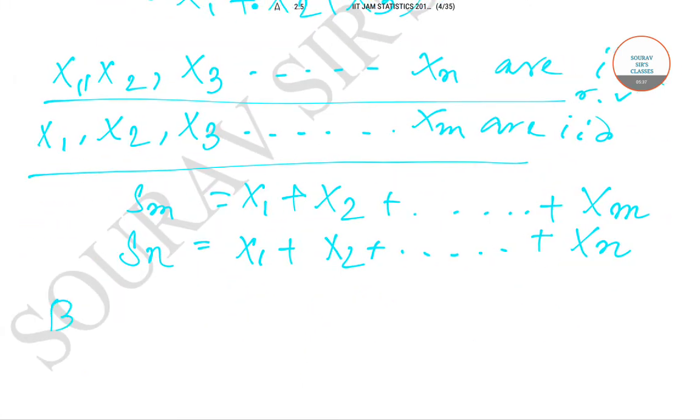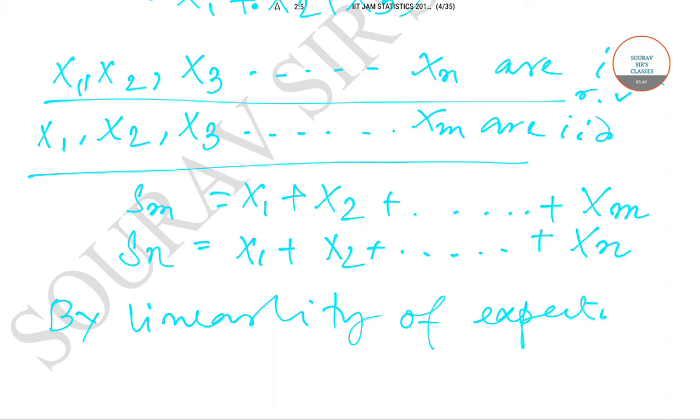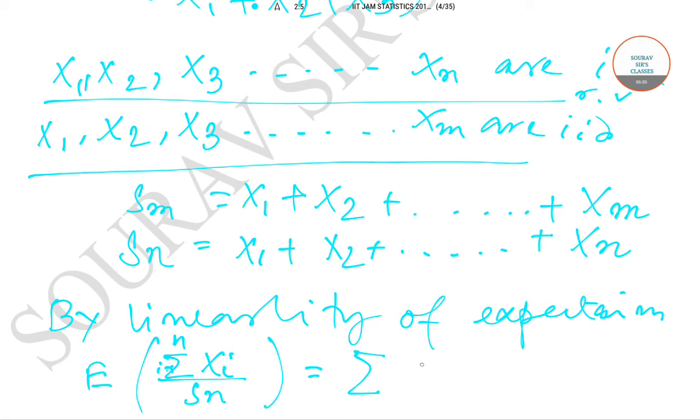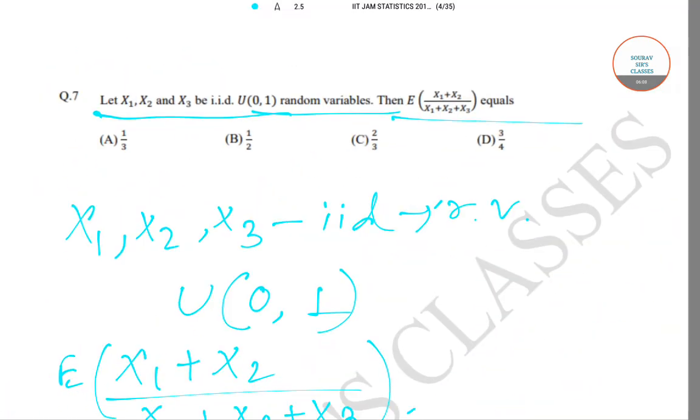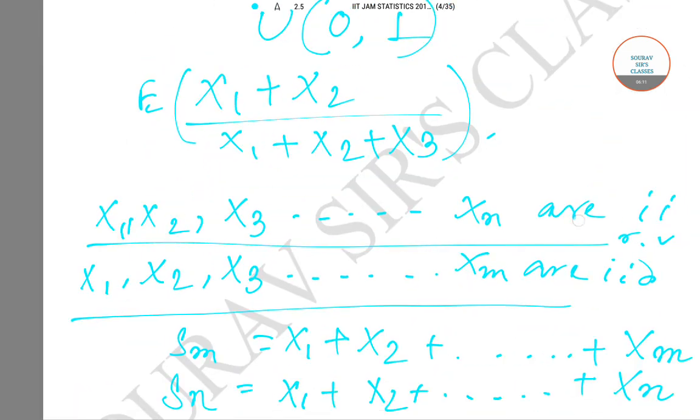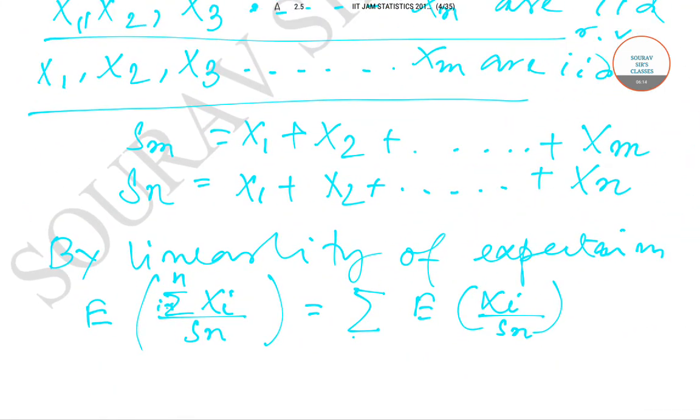Now by linearity of expectation we can write that expectation of summation of xi by Sn, where the value of i is 1 to n, is equal to summation of expectation of xi by Sn, here also i is equal to 1 to n.